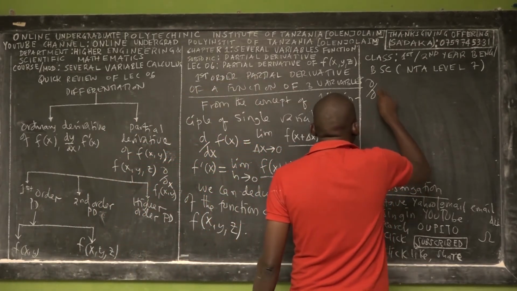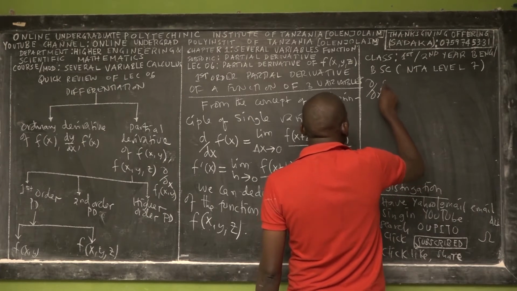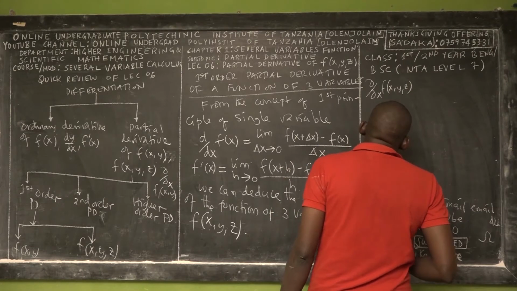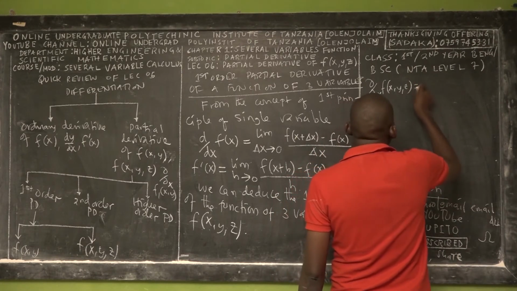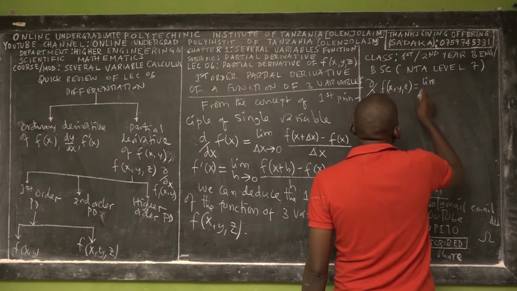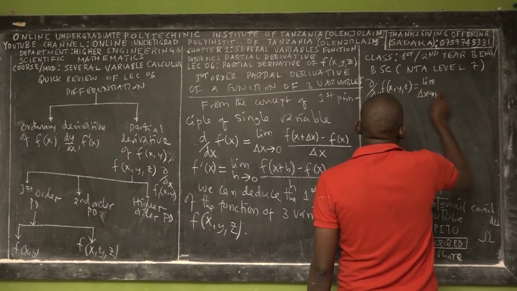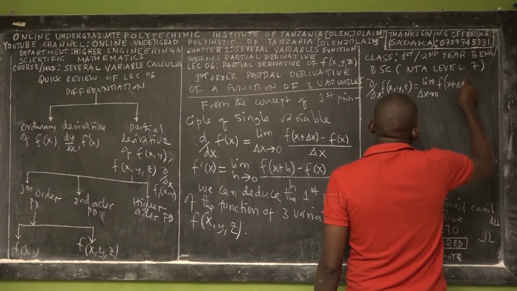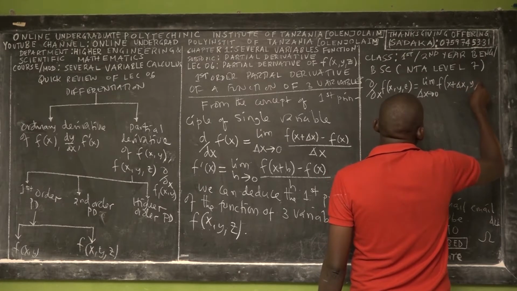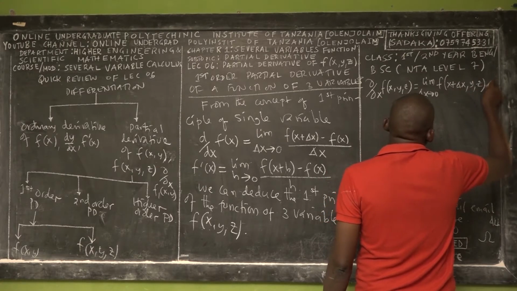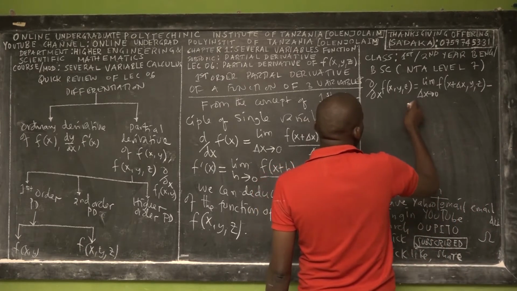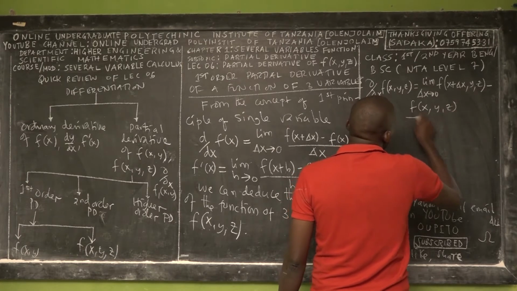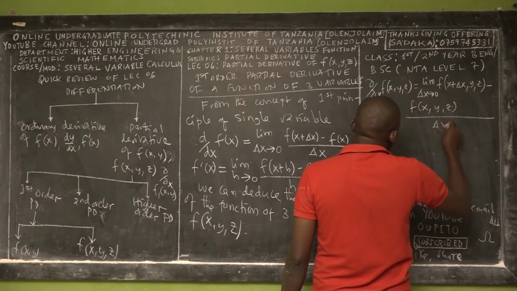So the partial derivative of f of x, y, z with y and z kept constant is equal to the limit as small change in x approaches 0 of f(x plus small change in x, y, z) minus f(x, y, z), divided by small change in x.